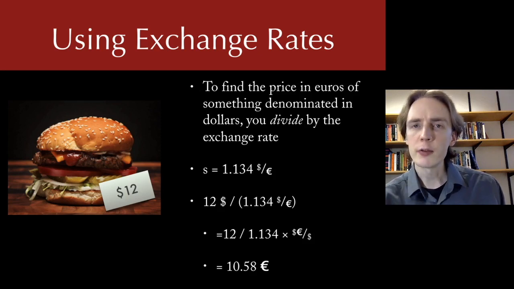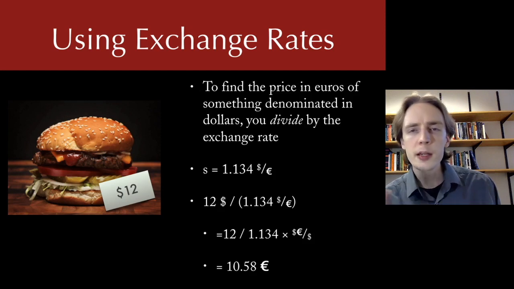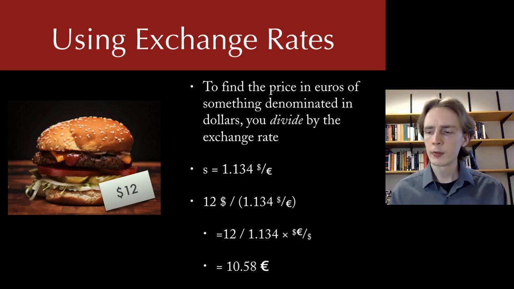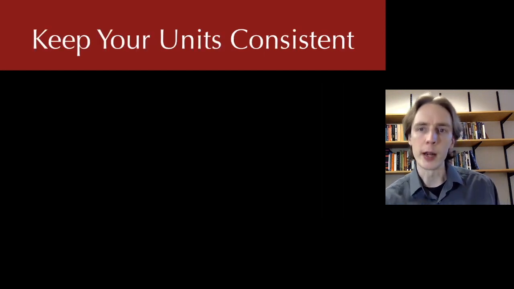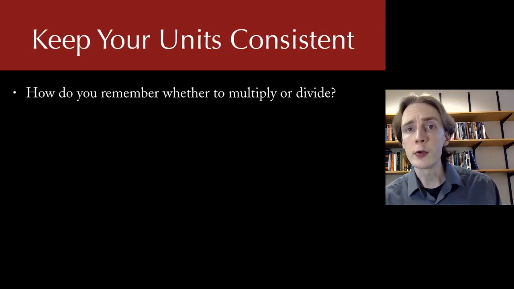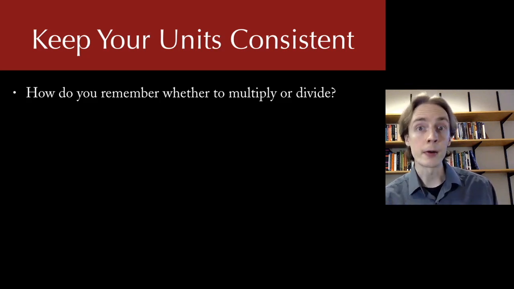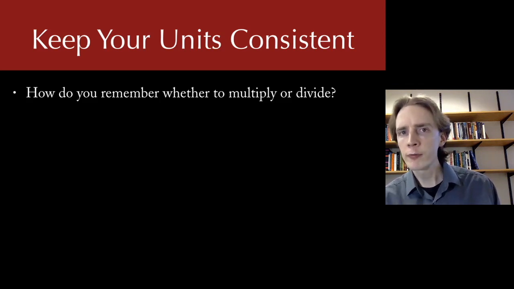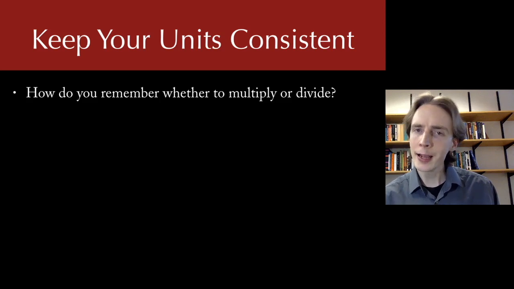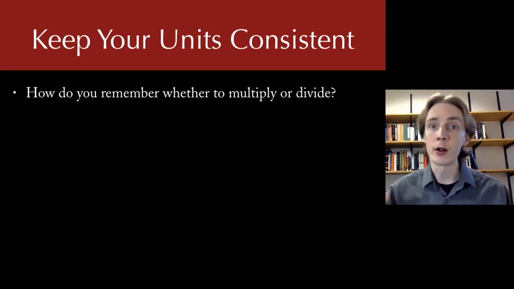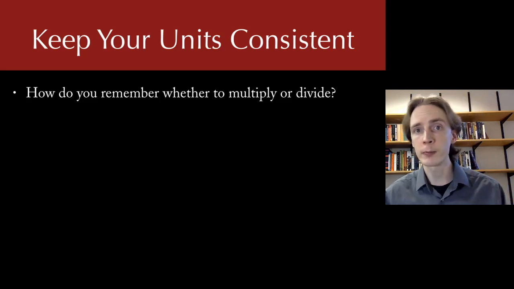Now, a lot of people get confused here, and it's hard to keep straight whether we multiply or we divide or what are we doing here. And the way you keep this straight is by keeping track of the units. Remember, throughout this whole semester, we've been very scrupulous about making sure our units match and making sure we carry through the units. And that's going to really pay off for us here, because this is how we're going to anchor everything. Because we can look at things from either perspective, from the US perspective, from Europe's perspective.